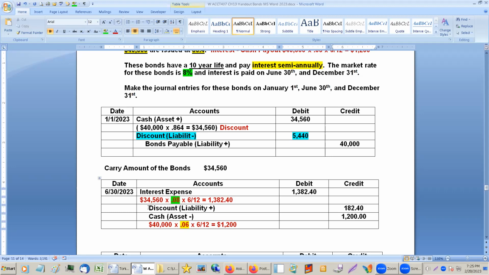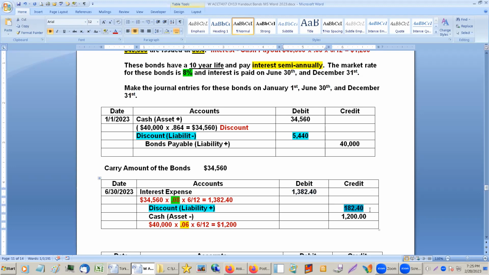So we now owe $182.40 more than we did before. Why? Because we are paying $1,200, but the market is demanding $1,382.